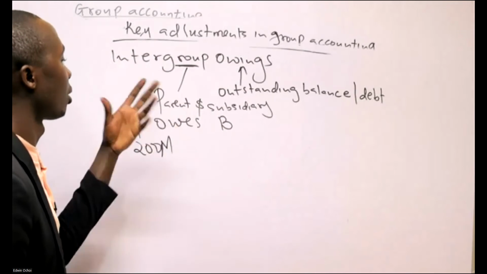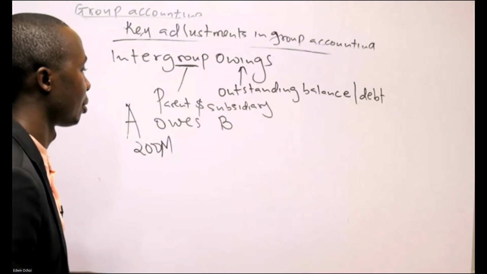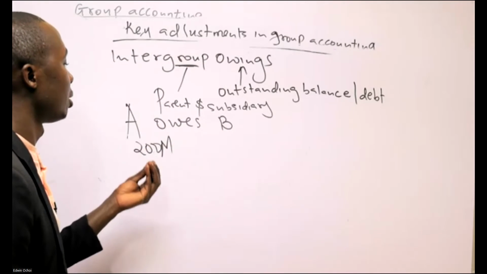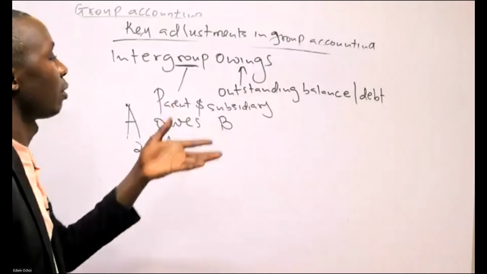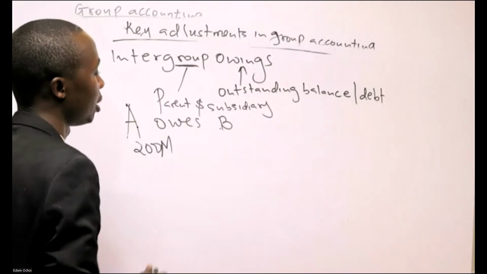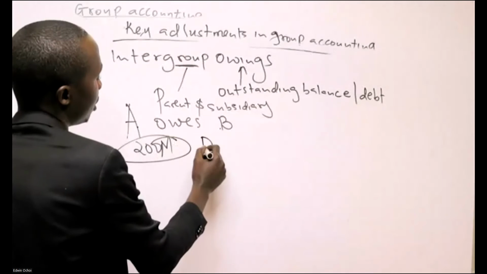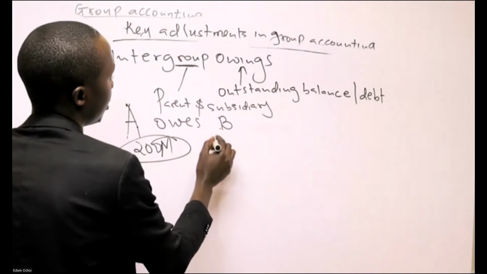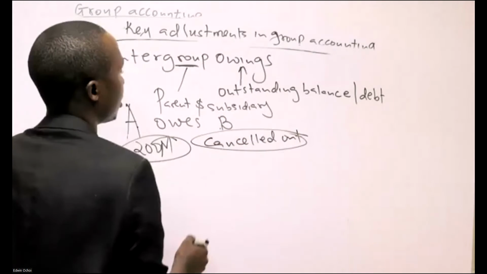It's only that after doing the consolidation, minority shareholders are given some small share based on the profit after tax of this B. And that means this amount is not supposed to be carried forward to the next financial year, because A will have to consolidate the subsidiary fully and take everything from there. So this amount is supposed to be disregarded, or let us say cancelled out in the current year.